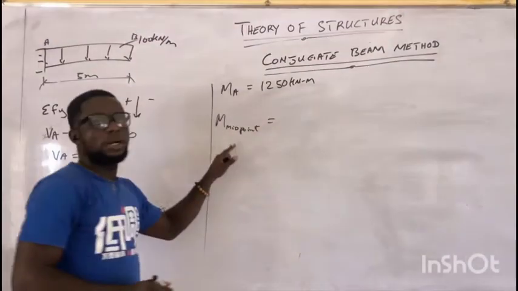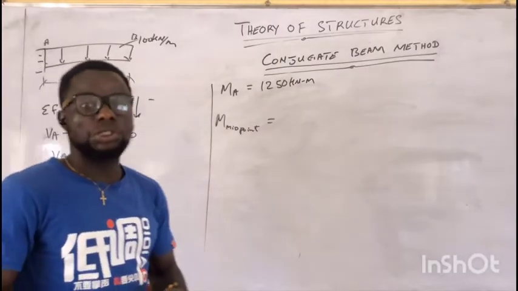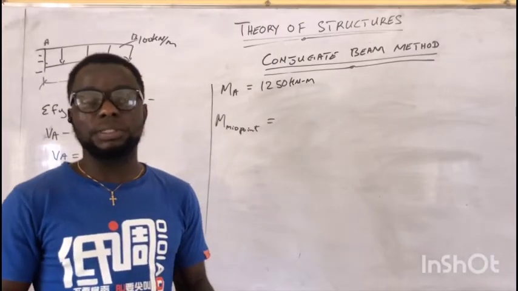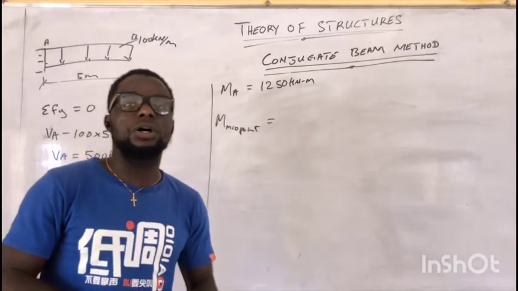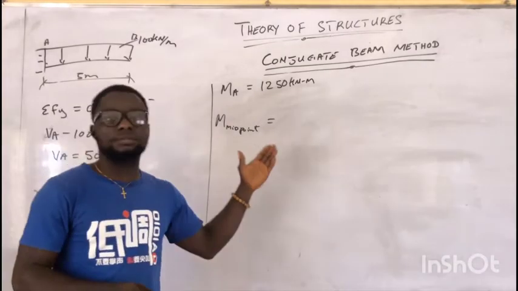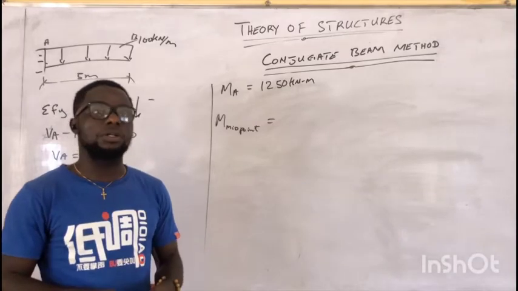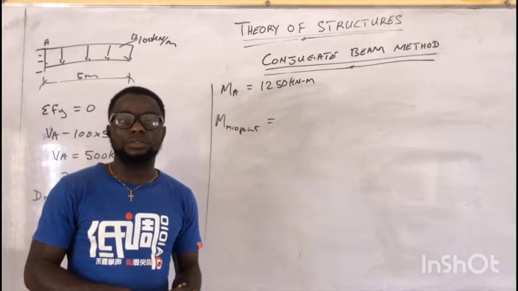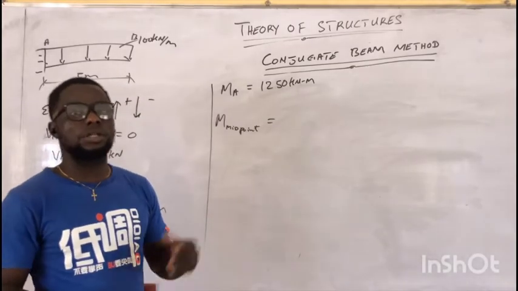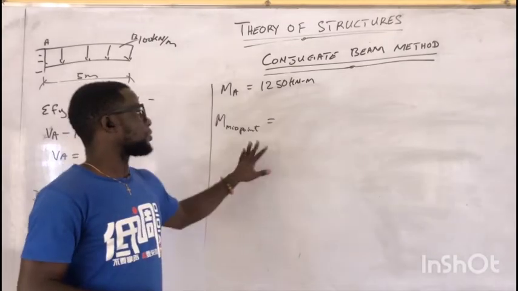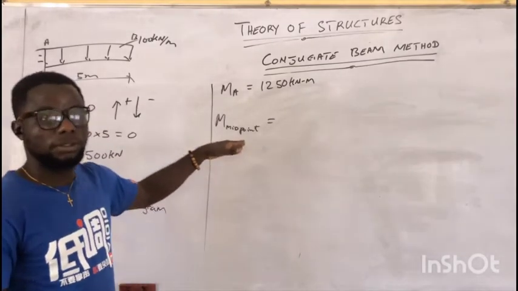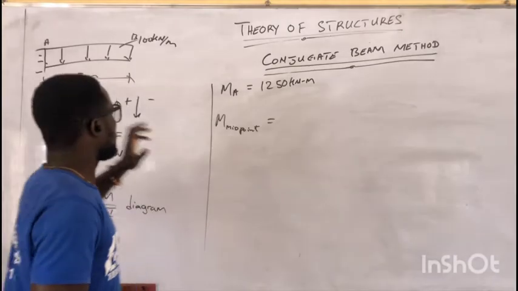To calculate the bending moment at the midpoint, you use the bending moment sign convention, which we covered in our previous video where I showed how to use it. If you don't understand, you can go back to that video. But if you follow along, I believe you understand how that goes.